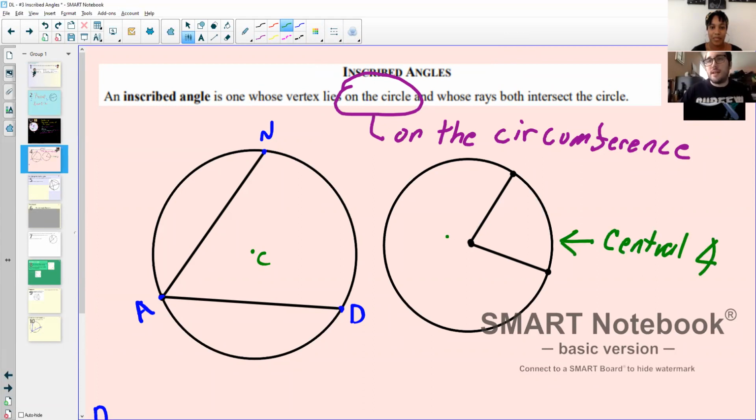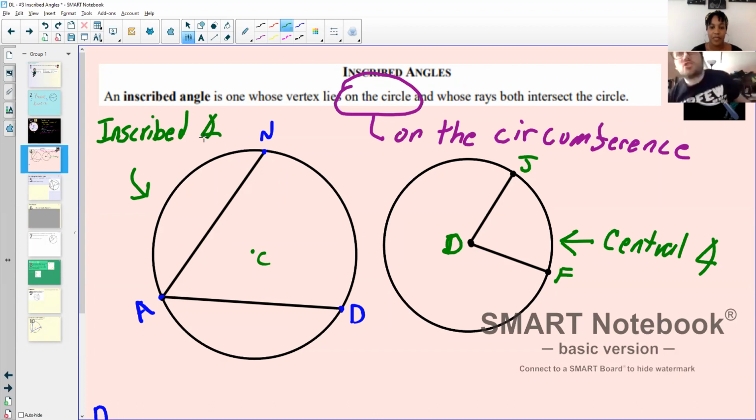So let's say that's D, that's J, and that's F. And this is going to depict an inscribed angle. Can someone explain what the visual difference is between an inscribed angle and a central angle?